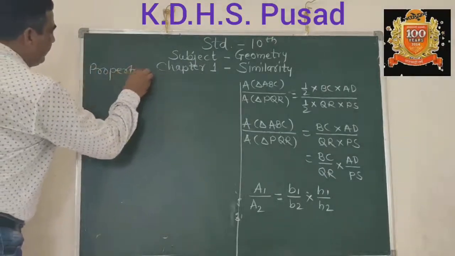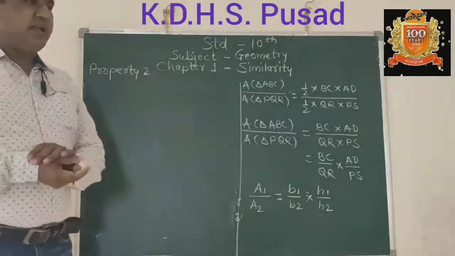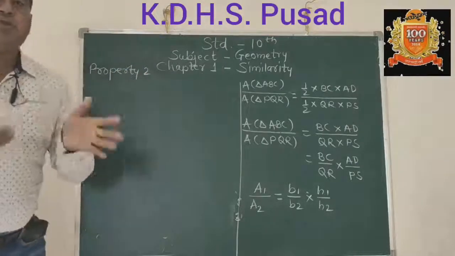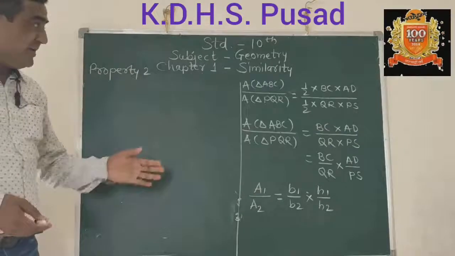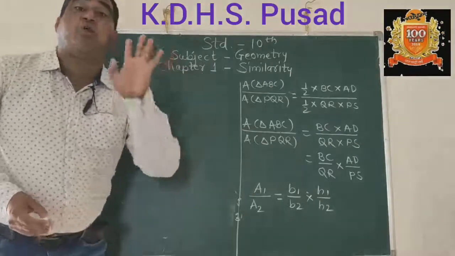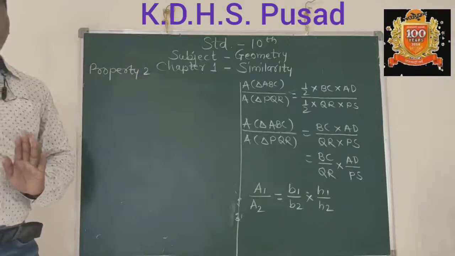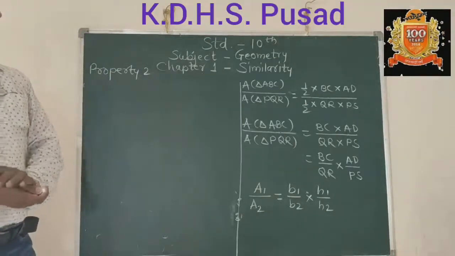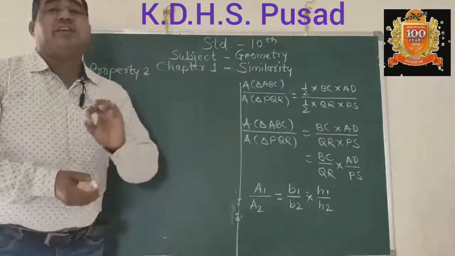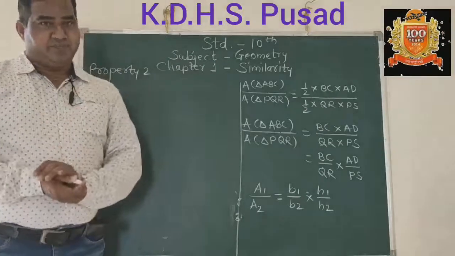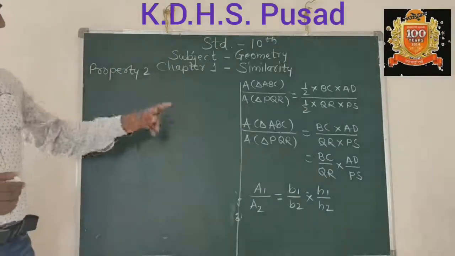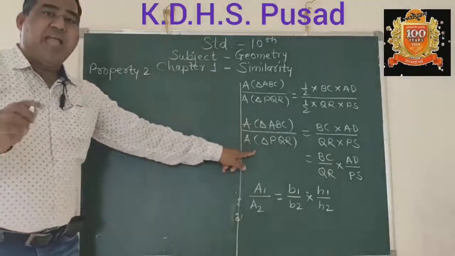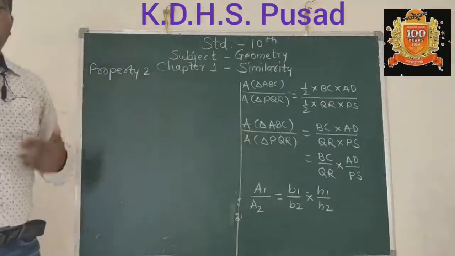That property is that the ratio of the areas of two triangles having common or equal base is equal to the ratio of their corresponding heights. What I said here? Ratio of the areas of two triangles having common or equal base.